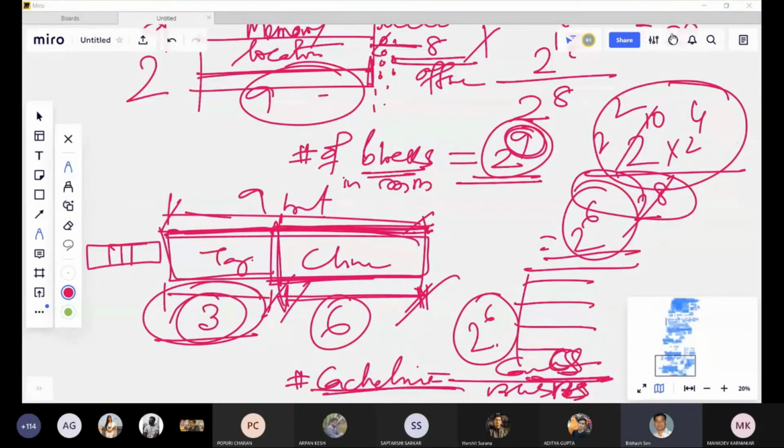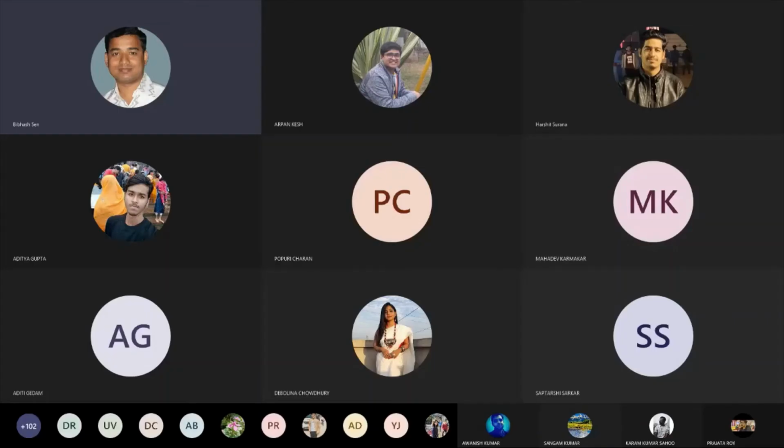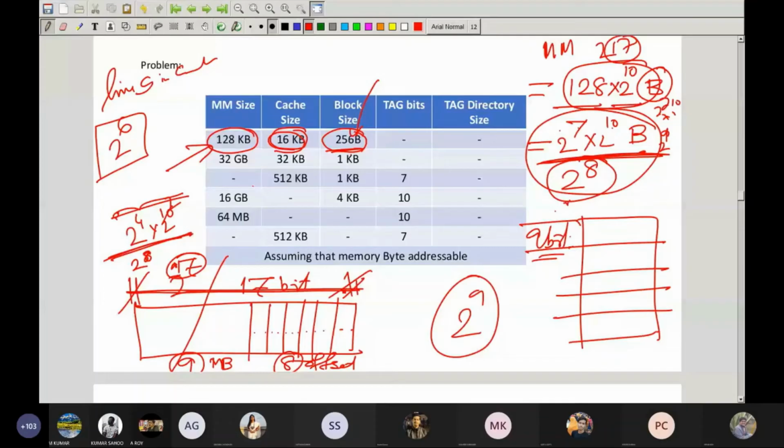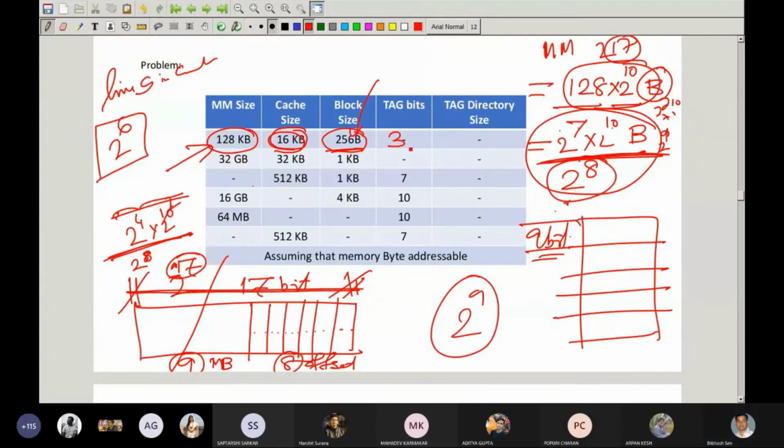I'm sharing the other slides, so you'll again come to the point. What is the tag bit now? 3. Am I correct or wrong? Yes, sir. So 3 bits are required for the entire cache.